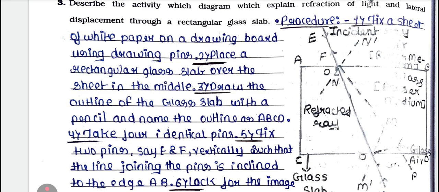तो फिक्स अ शीट ऑफ पेपर ऑन ड्रॉइंग बोर्ड यूजिंग द ड्रॉइंग पिन्स। Next, place a rectangular glass slab over the sheet in the middle. Next, draw the outline of the glass slab with the pencil and name the outline as ABCD. Take up 4 pins.